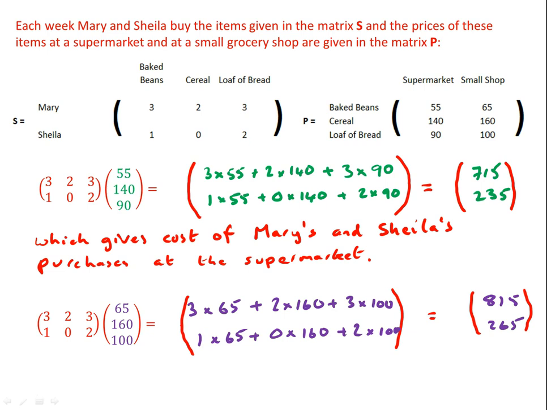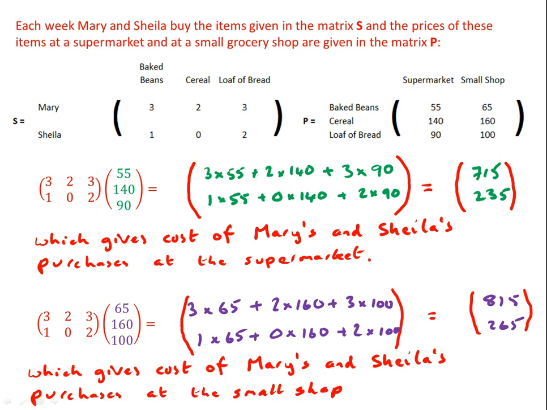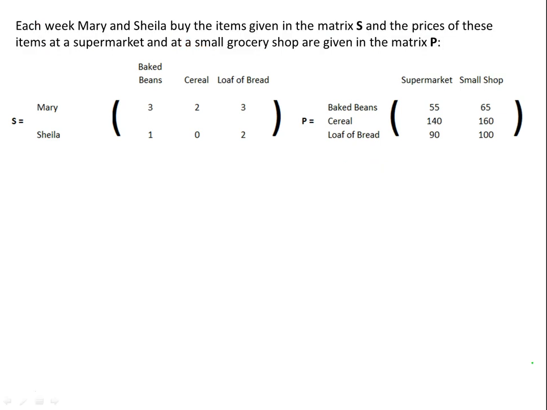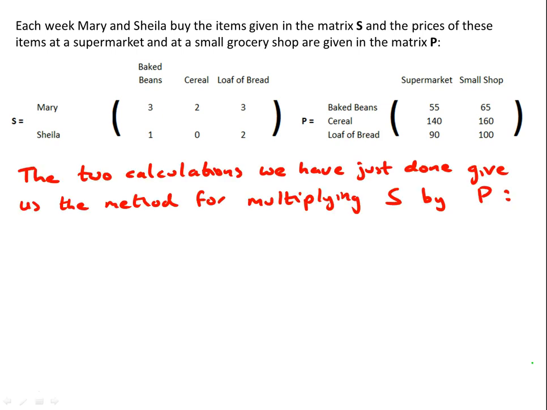Now we can combine these two calculations. So we've done the matrix multiplication for the supermarket, we've done the matrix multiplication for the small shop. We can combine those two calculations into a single matrix multiplication of matrix S times by matrix P. And we'll see how we execute that now.